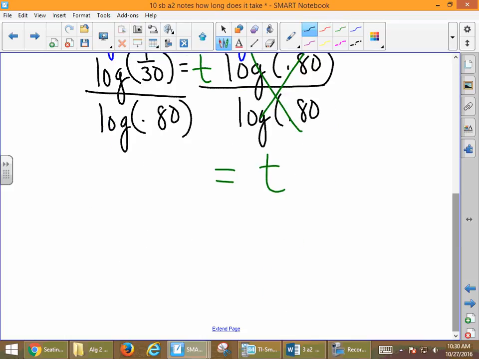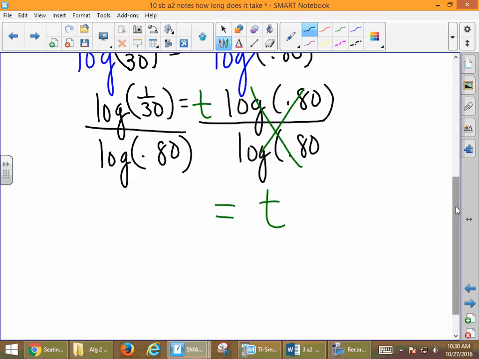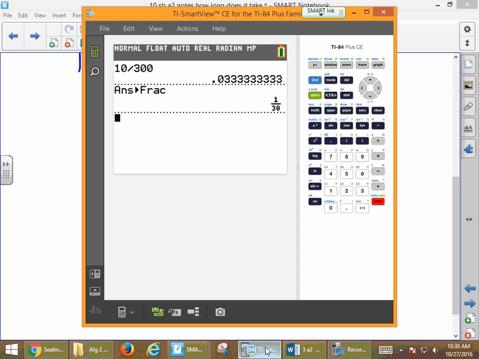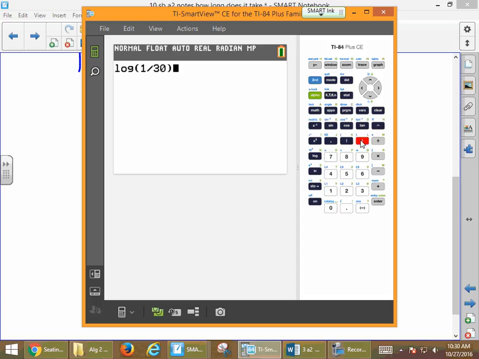And we need to go back and look at what the problem is asking again, but this is going to get us almost to answering the question. It's going to be log of 1 divided by 30, close the parentheses, divided by log of 0.8, close the parentheses, and when we press enter, we'll get our value here.